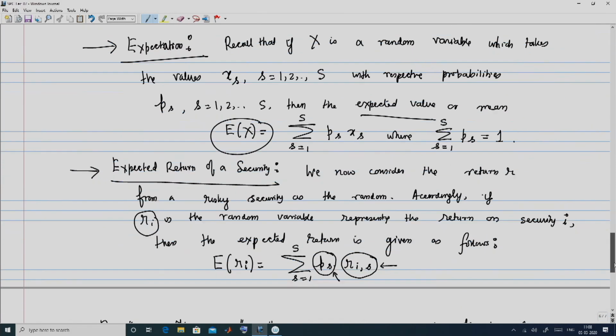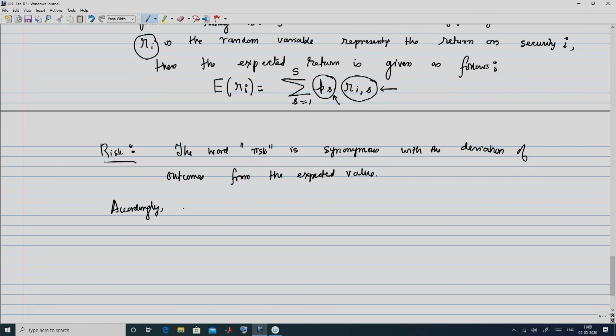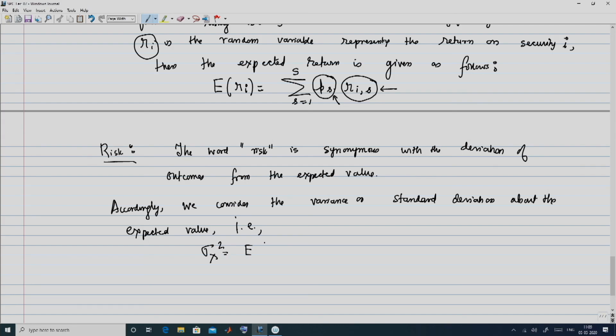So, if I look at the counterpart of this definition of expectation, I will extend this specifically to a risky security. Accordingly, we consider the variance or standard deviation about the expected value. That is, sigma x square is E of (x minus E x) square.